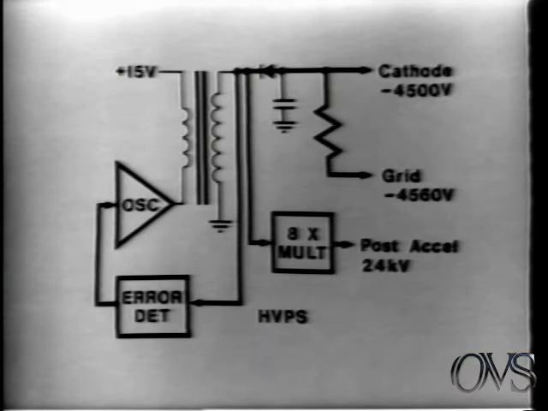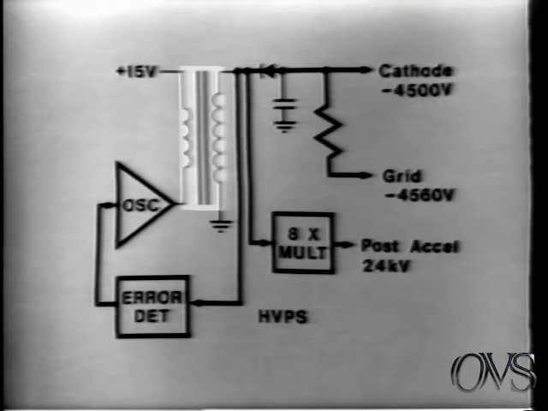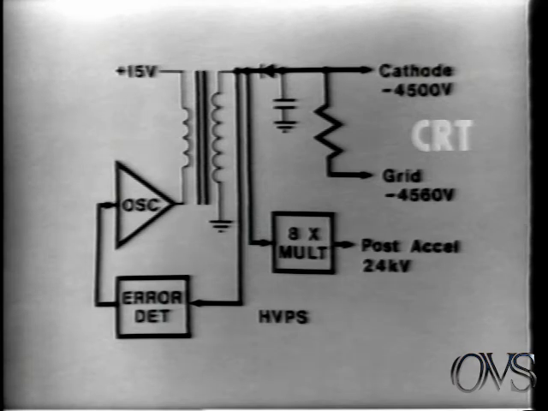The high voltage power supply provides the necessary voltages for the CRT. Plus 15 volts from the low voltage supply provides operating bias for an oscillator circuit, which drives a step-up transformer. The high voltage AC developed on the secondary winding is rectified, filtered, and applied to the CRT cathode and control grid.